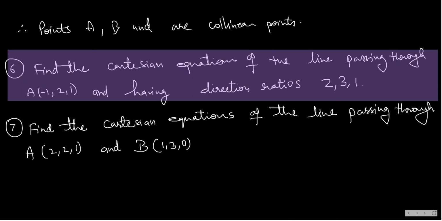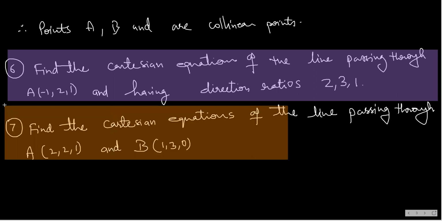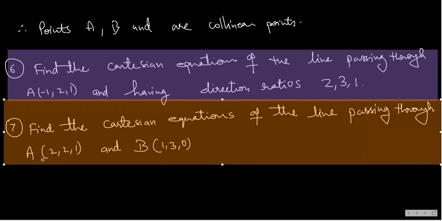The next one is question number 7. Find the Cartesian equations of the line passing through A (2, 2, 1) and B (1, 3, 0). It is very much similar to problem number 8. There also we had a similar question.